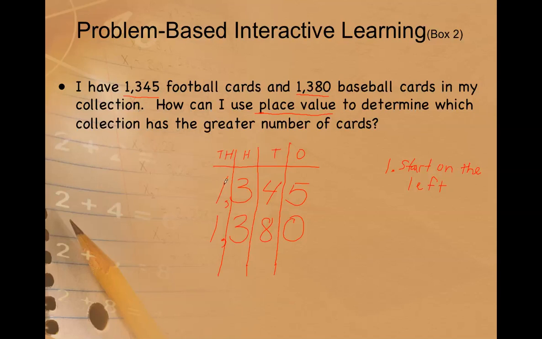And I notice that the first number has a 1 in the thousands place, and the next number has a 1. So since they both have a 1, I would need to move to the right. So I'm going to move to the right when comparing numbers. So step 2 would be to move to the right if your digits are the same.